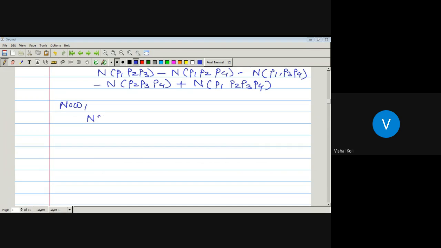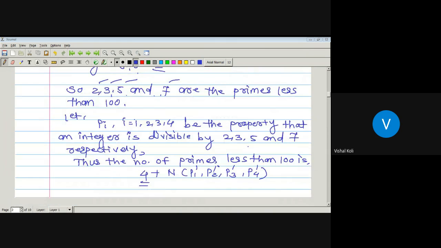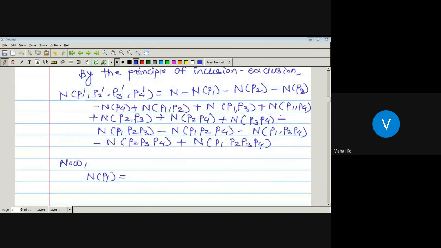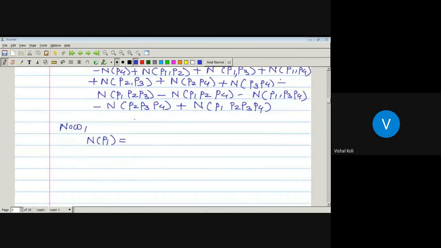Now n of P1 means the number of elements between 1 to 100 with the property P1. What is the property P1? P1 is the number of integers which are divisible by 2. So how many integers are there between 1 to 100 which are divisible by 2? We have to find all the numbers which are multiples of 2.